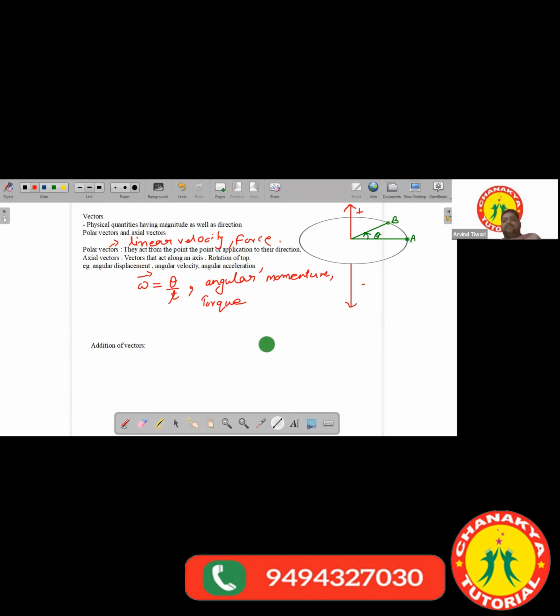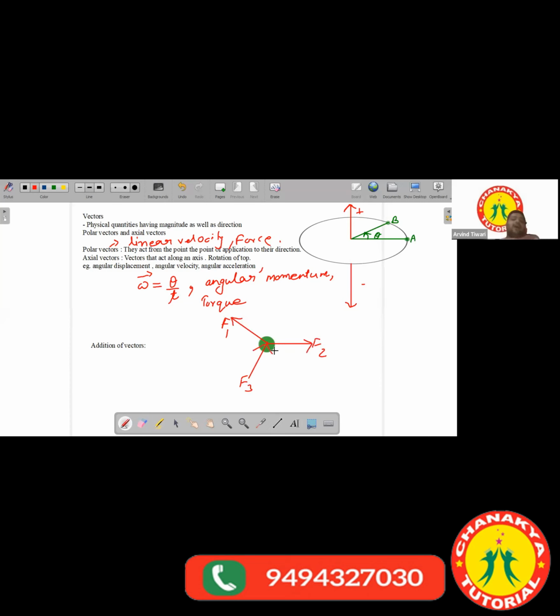It is subjected to a force over here, another force here, and another force here. So there are three equal forces, F1, F2 and F3, acting like this.